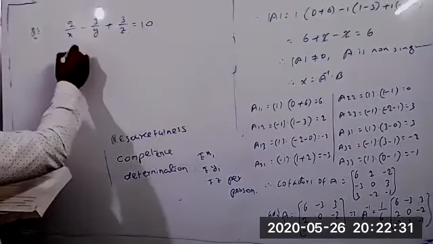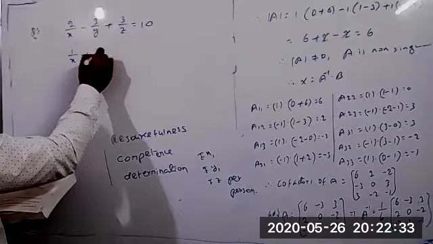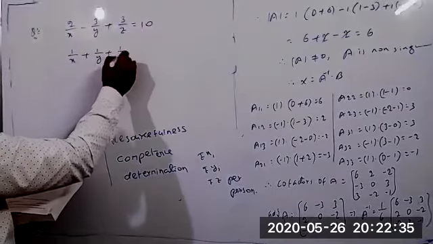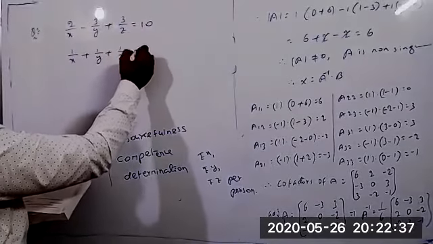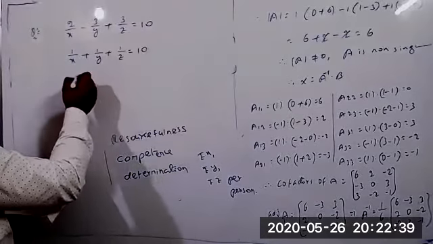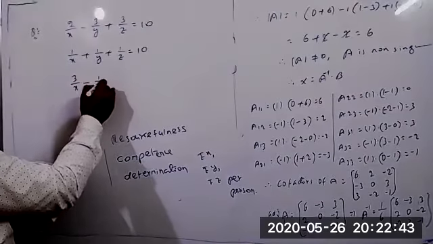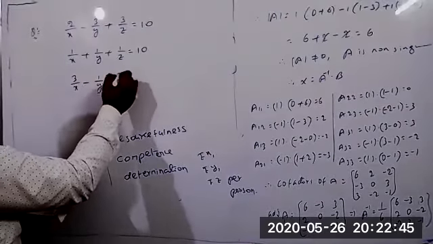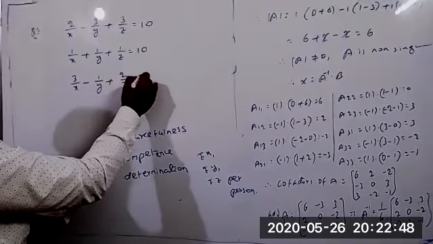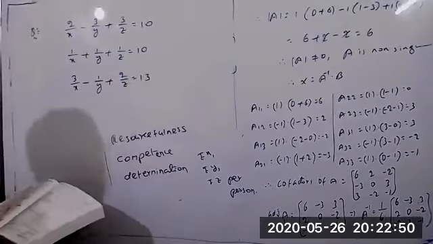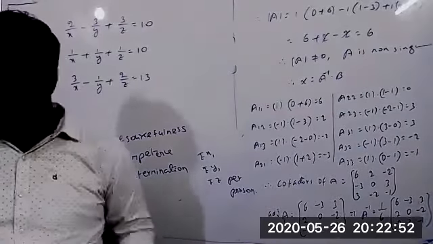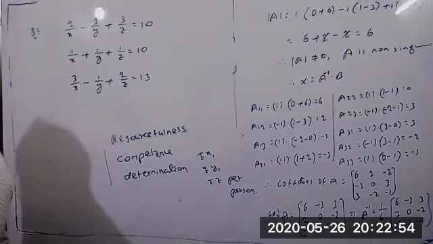Second: 1 by x plus 1 by y plus 1 by z equal to 10. Next: 3 by x minus 1 by y plus 2 by z equal to 13. Solve the system of equations by using matrix method.